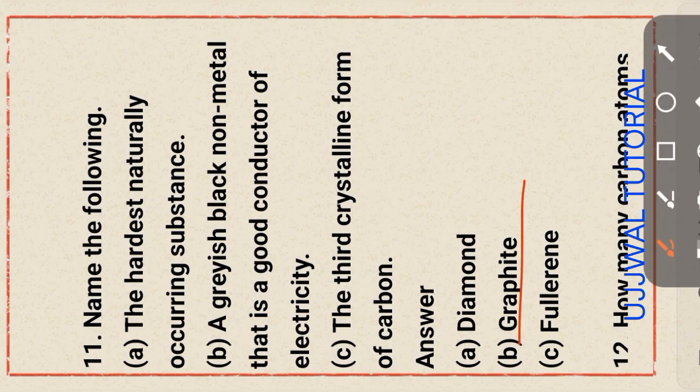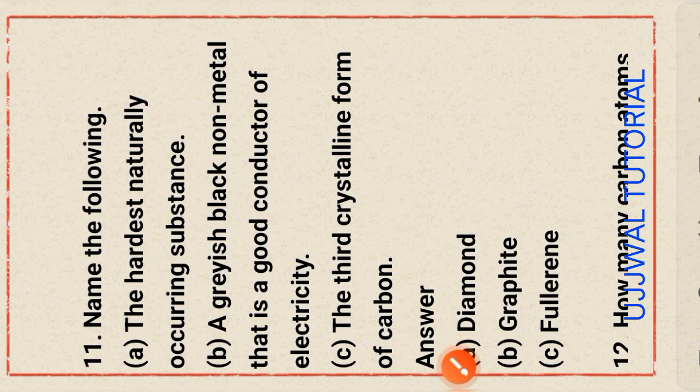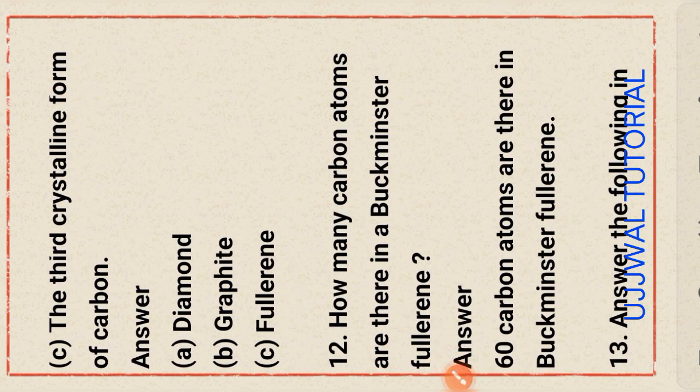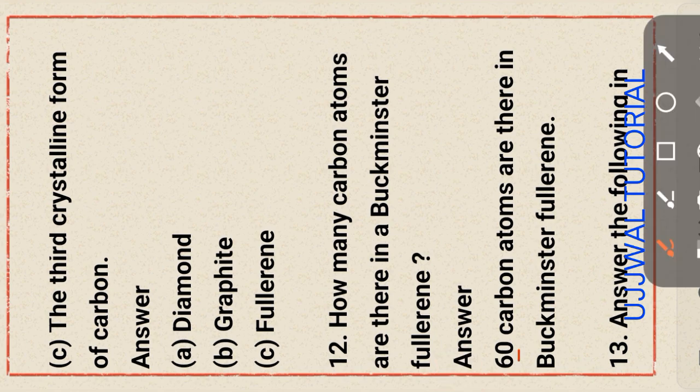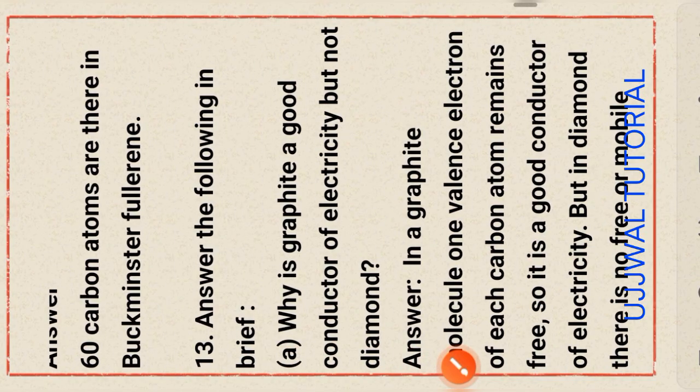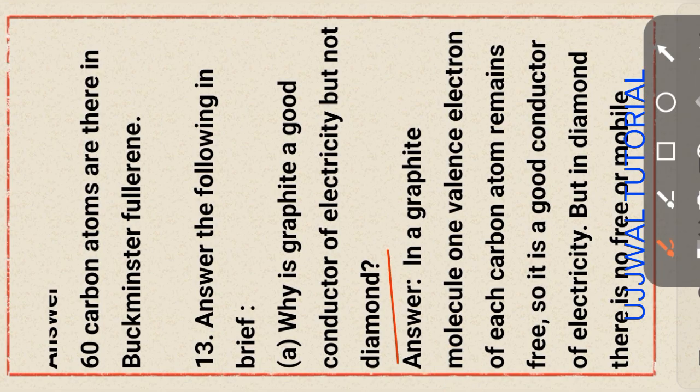The third crystalline form of carbon, fullerene. Okay, how many carbon atoms are there in buckminsterfullerene? 60 carbon atoms.